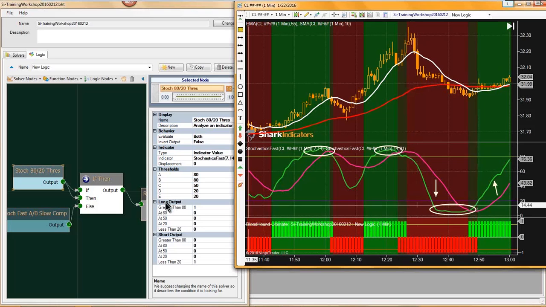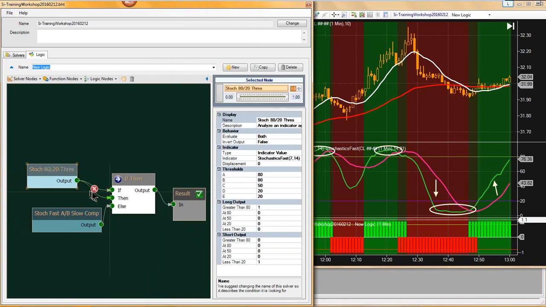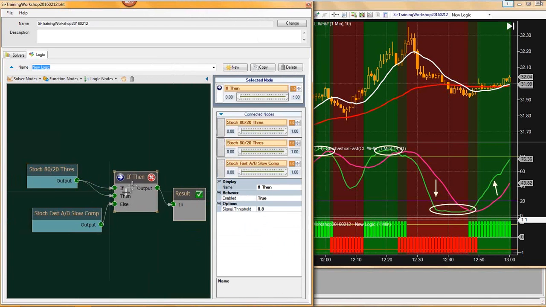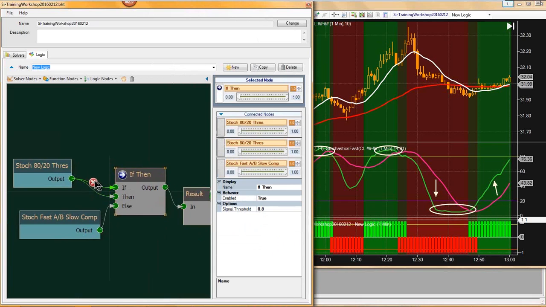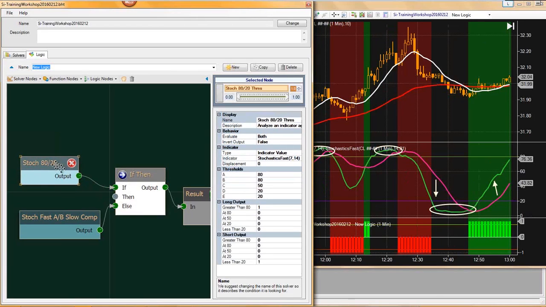So the common mistake is with the leader, let's zoom in here. I'm going to have to disconnect it. This leader here going into the if, this is where the misunderstanding occurs.